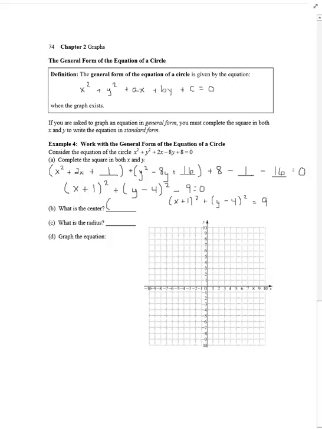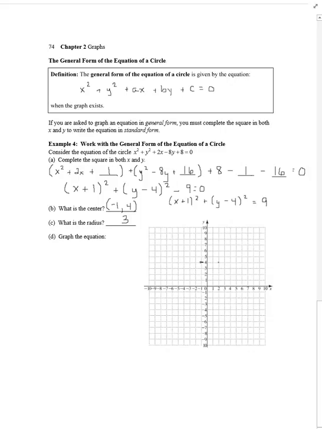So the center is at negative 1, 4, because the signs are always the opposite from what they are in our equation. And the radius is the square root of 9, which is 3. So negative 1, 4, the center is right there. And our radius is 3.